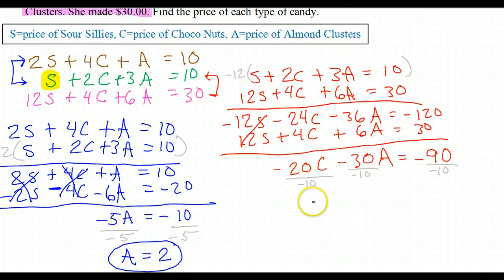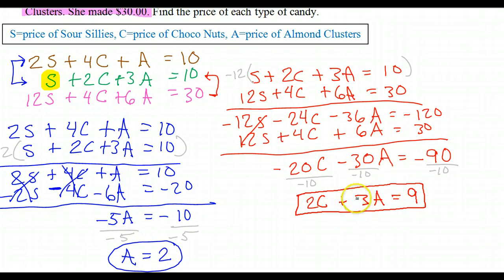So this will be positive 2c. This will be positive 3a. And this will be positive 9. See, I divided everything by negative 10. Now this is a much friendlier equation, so I like it.